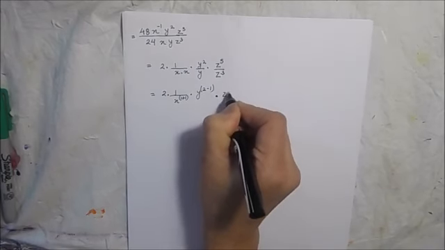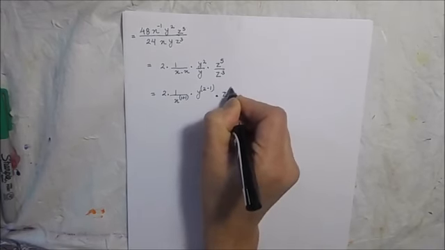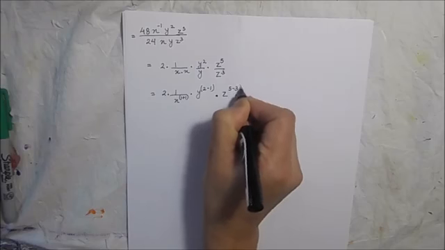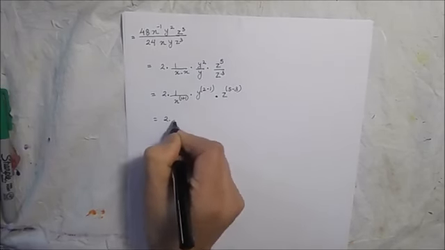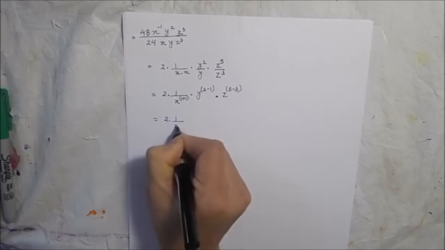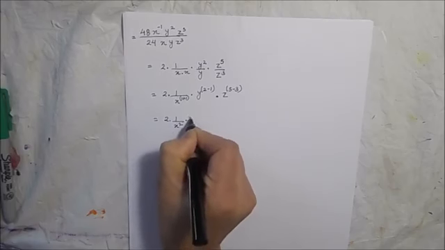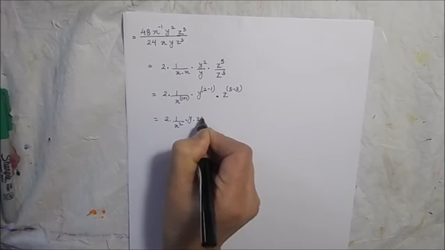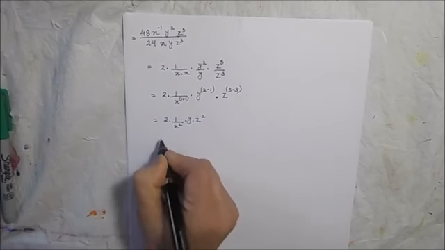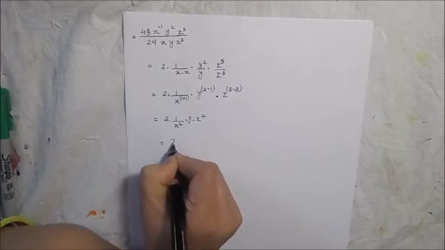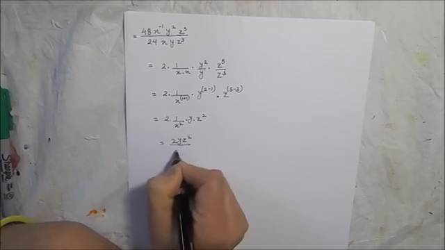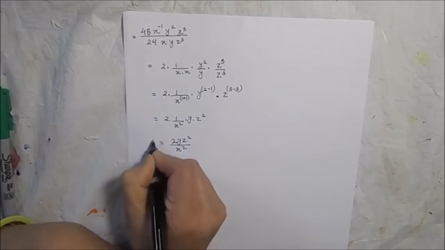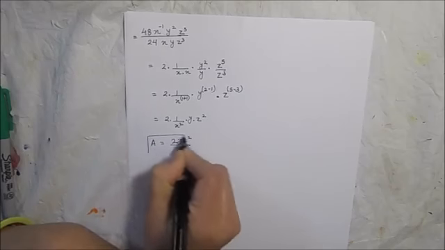Same here, z, numerator minus the denominator power. So here 2 times 1 over x square times y times z square. So our final answer is 2y z square over x square. This is our final answer.